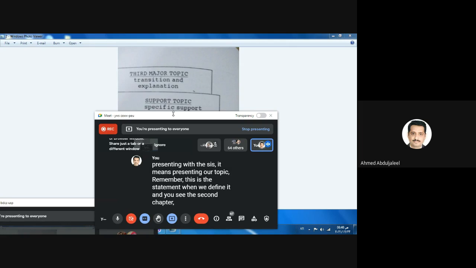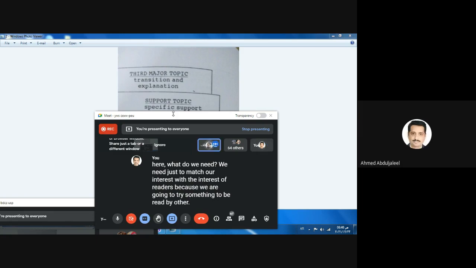We said that this statement includes the topic or the main idea that we are going to discuss in the research. So here, what do we need? We need to match our interest with the interest of readers, because we are going to write something to be read by others.